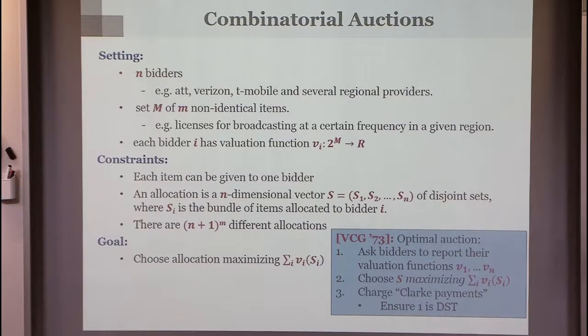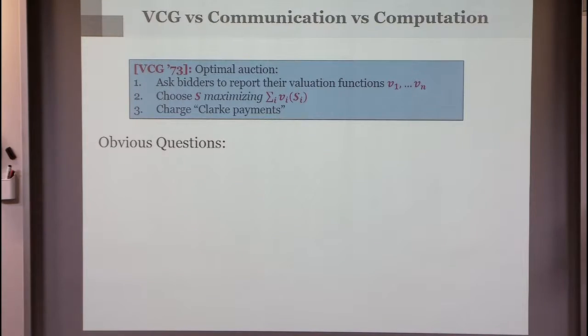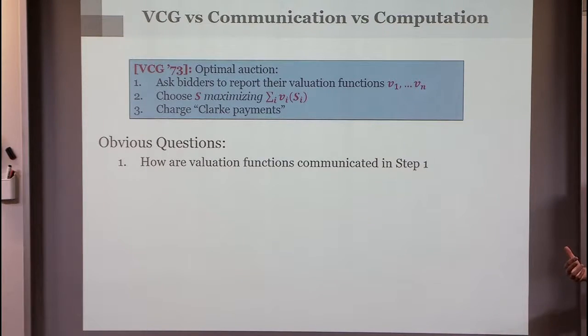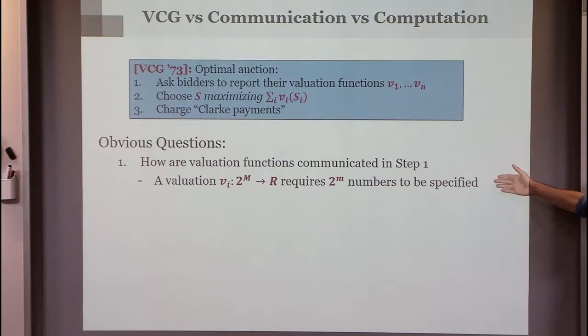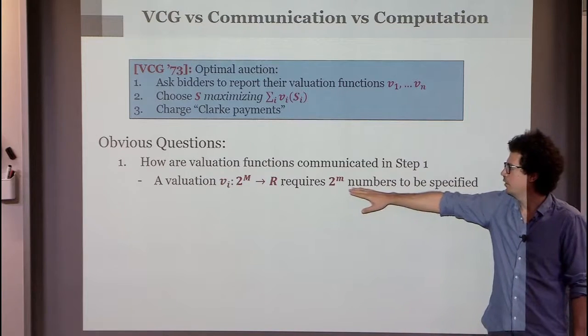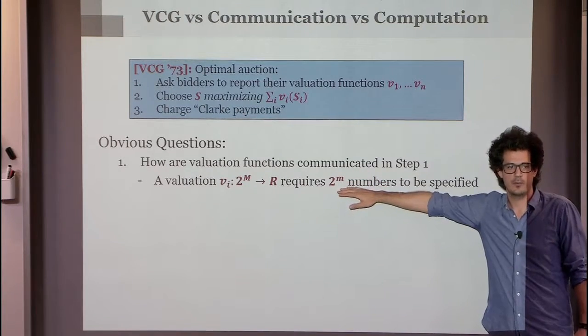Okay, now there are obvious questions with this format of an auction. First one is, how are valuation functions communicated to the auctioneer in the first step? So a valuation function, if it's arbitrary, requires a lot of numbers to be specified.